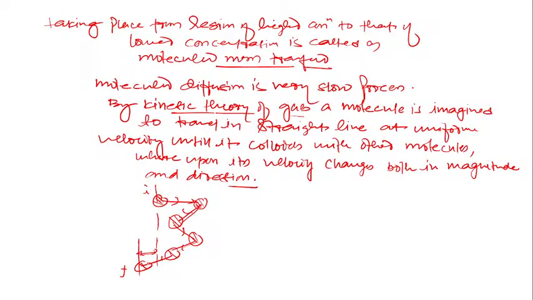As it starts moving, it collides with molecules, and upon collision the molecule changes its velocity in both magnitude as well as direction. That's why the net distance traveled in a given direction is only a small fraction of the actual length covered. Clear? You can write, please.